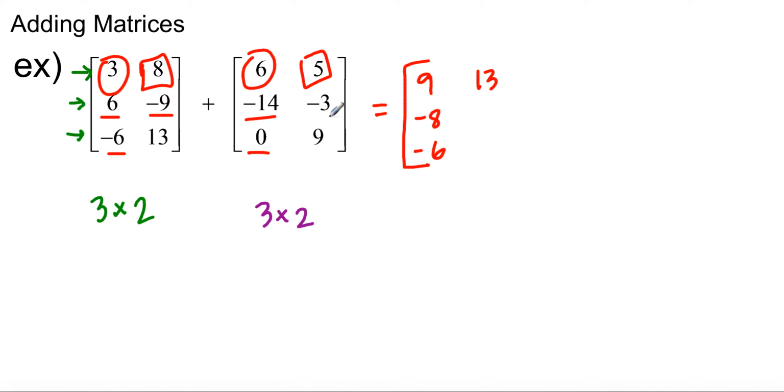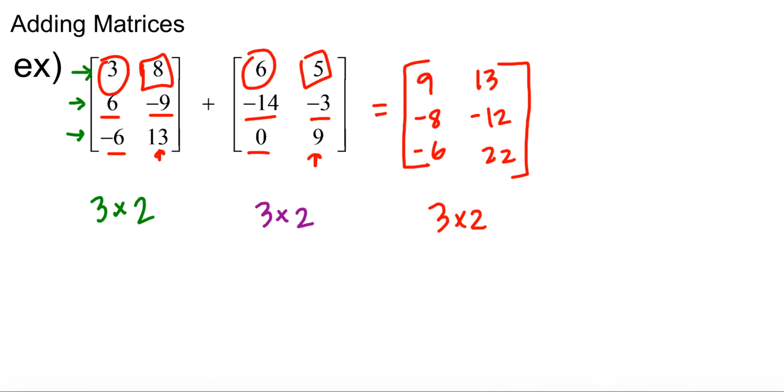Negative 9 plus negative 3, which gives me negative 12. And 13 plus 9, which gives me 22. I'll close that up with another bracket, and your answer for a 3 by 2 plus a 3 by 2 is a 3 by 2 matrix.